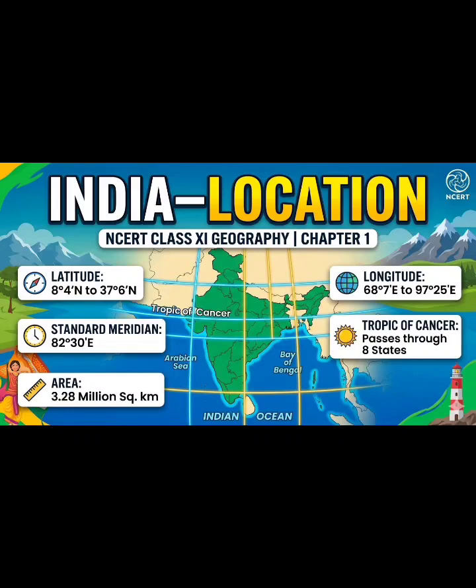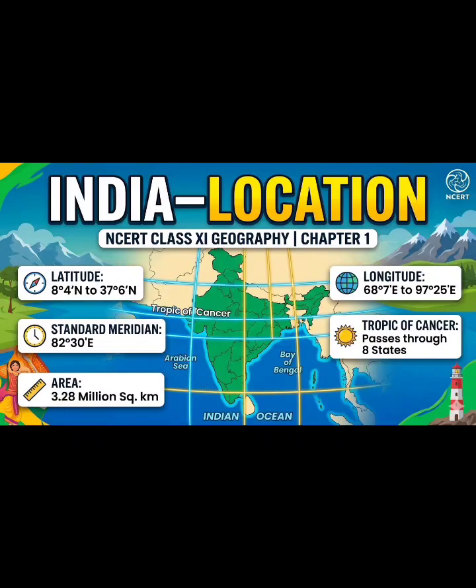There is a general understanding among the countries of the world to select the standard meridian in multiples of 7 degree 30 minutes of longitude. That's why 82 degree 30 minute east has been selected as the standard meridian of India. Indian Standard Time is ahead of Greenwich Mean Time by 5 hours and 30 minutes.